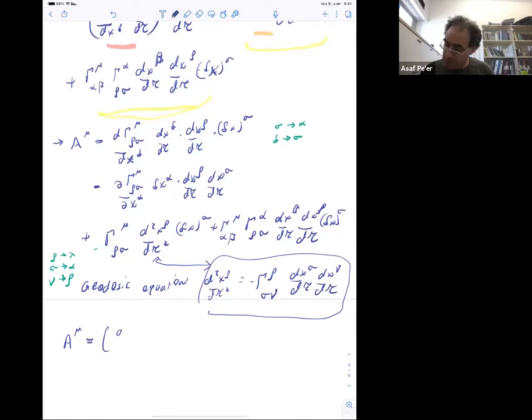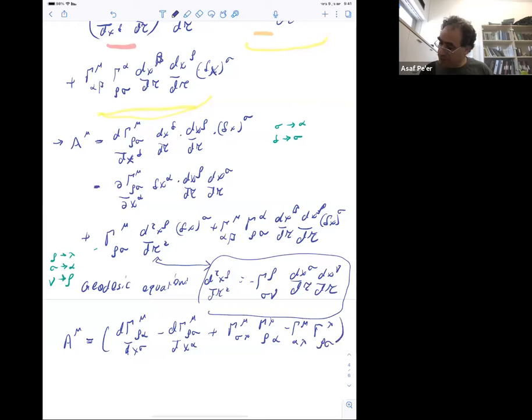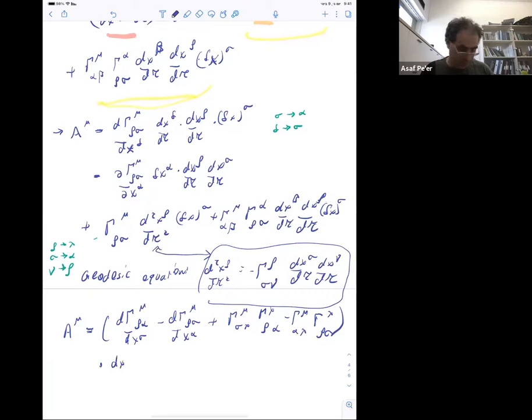It's just d gamma mu rho alpha over dx sigma minus d gamma mu rho sigma over dx alpha plus I have here the two gammas from the fourth term, so gamma mu sigma lambda gamma lambda rho alpha minus gamma mu alpha lambda gamma lambda rho sigma, all that times dx sigma over d tau dx rho over d tau times delta x alpha.